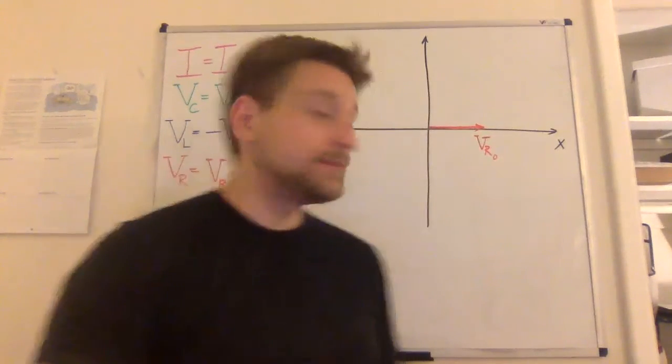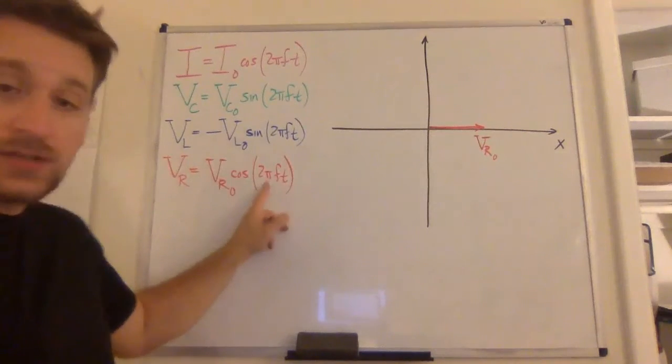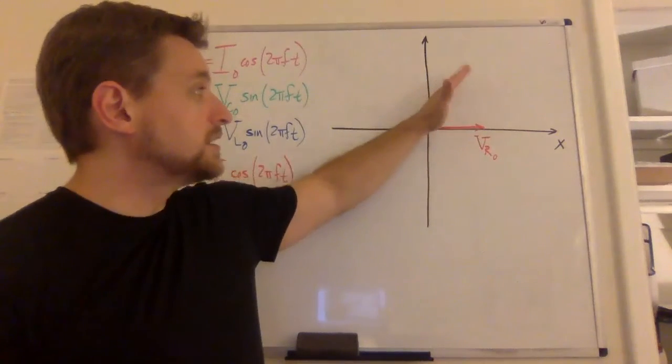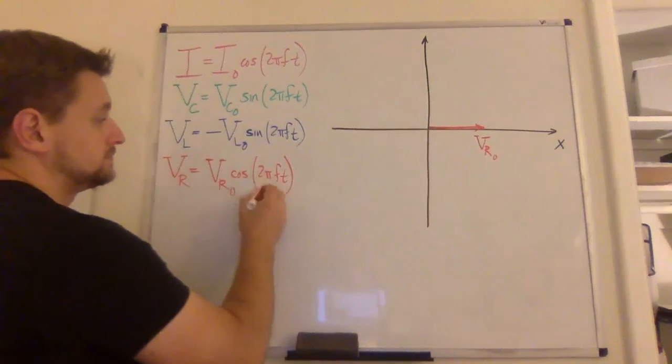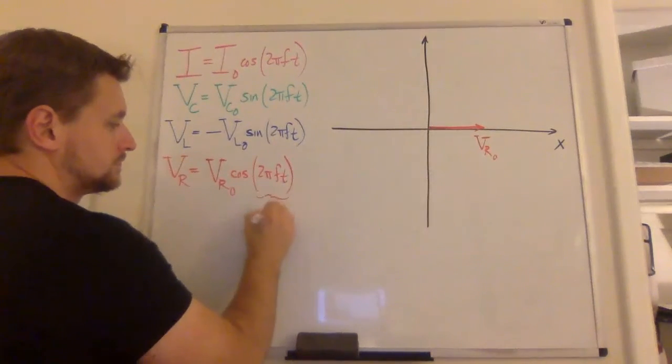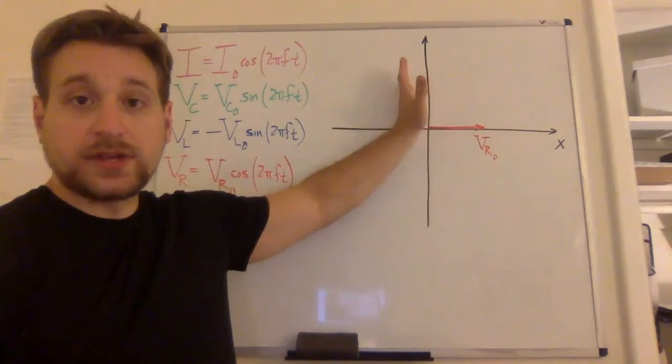As time goes on, this argument increases, and we end up moving the angle that it's associated with counterclockwise around the graph.